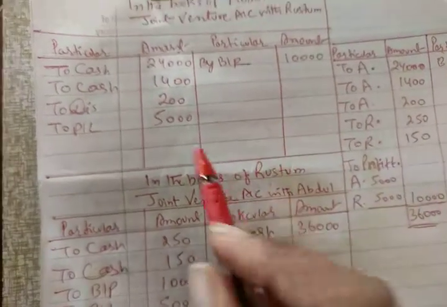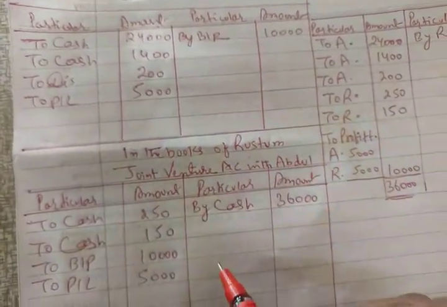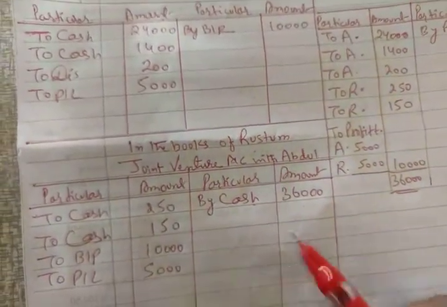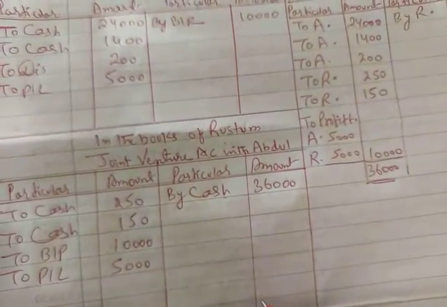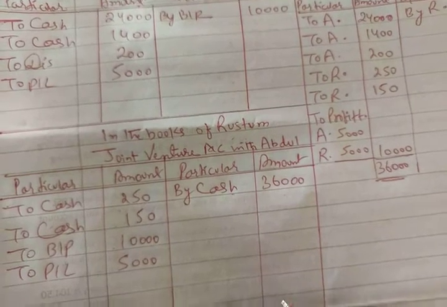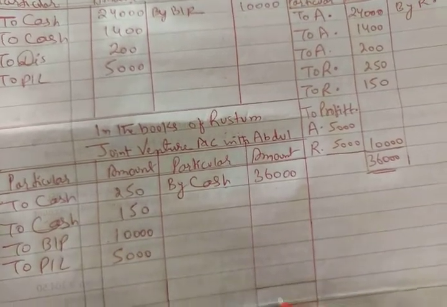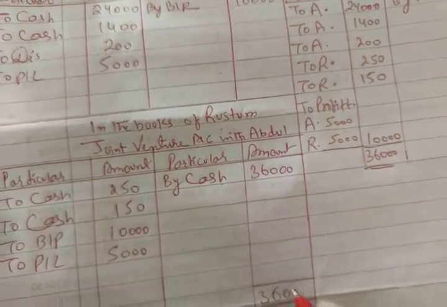Now we need to make the total of both the accounts to calculate the cash balancing figure, who will pay to whom. Let's make the total of Rustam account. Total is going to be 36,000.